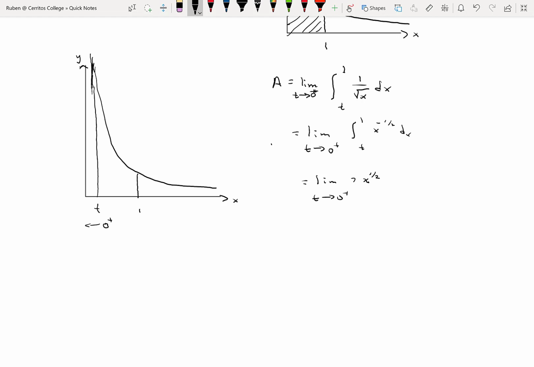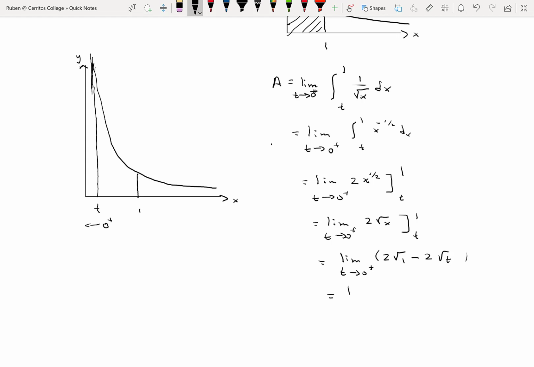If we invert and multiply, we'll get 2, and that is taken between t and 1. So using radical notation, this is the limit as t approaches 0 from the right of 2 times the square root of x from t to 1, or the limit as t approaches 0 from the right of 2 times the square root of 1 minus 2 times the square root of t.